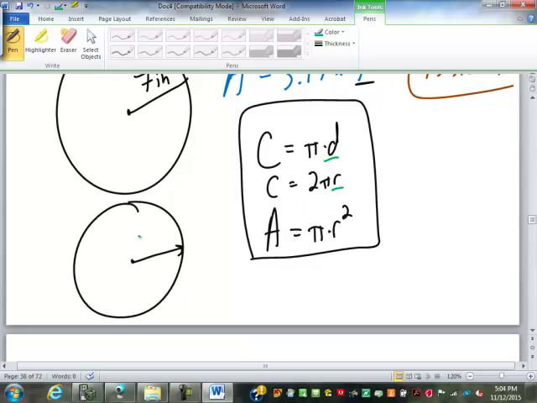So for this circle, if this is 4 feet for the radius, find the area.